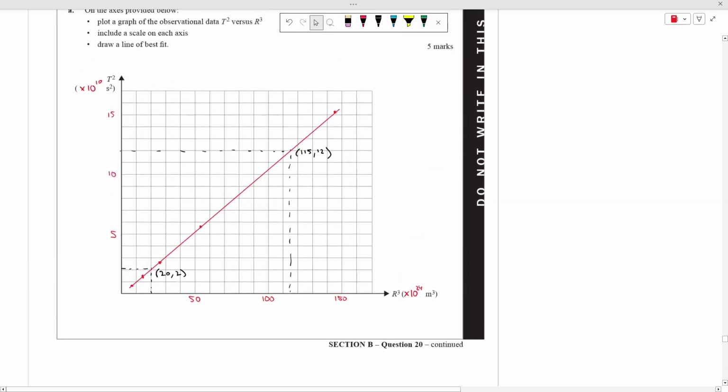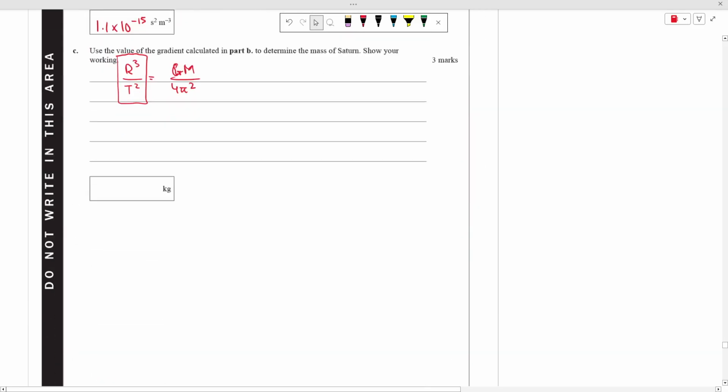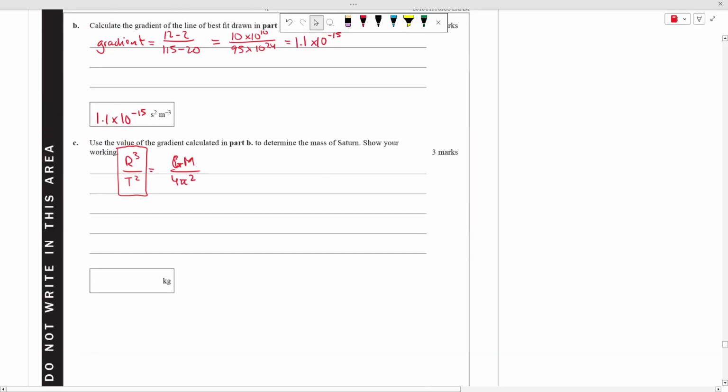Okay, so we have plotted a graph of t squared versus r cubed. Okay, so the y variable is t squared, and our x variable equals r cubed.